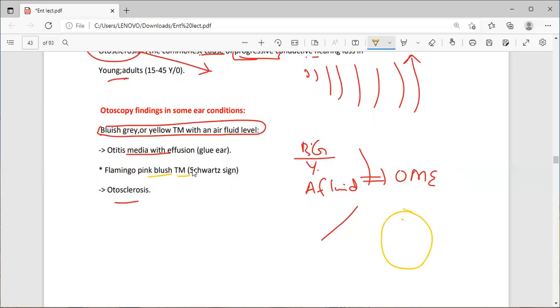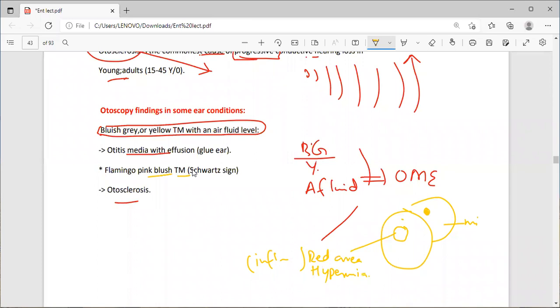Because there is otosclerosis going on inside the middle ear, from the tympanic membrane you will see some red area, or inflamed area, or some hyperemia, anything you can call it.